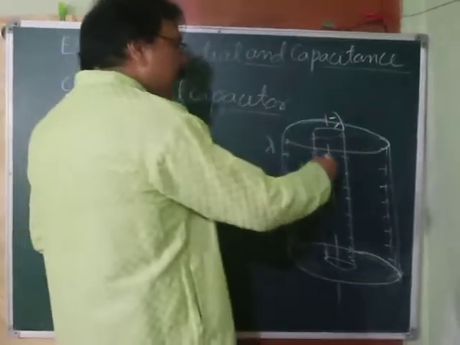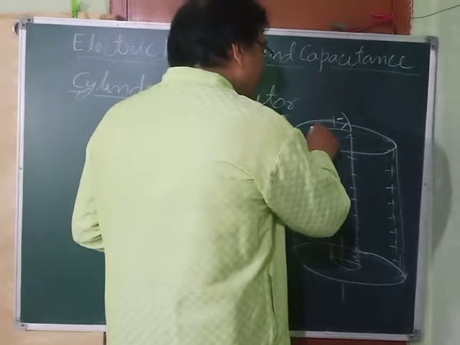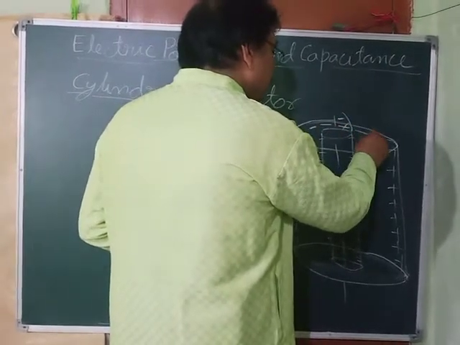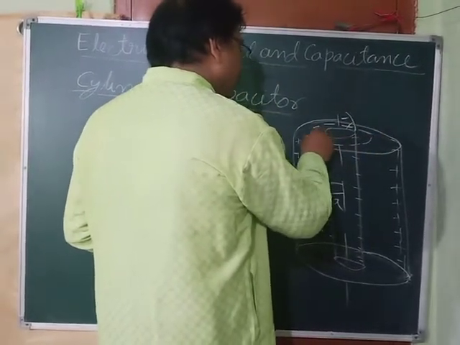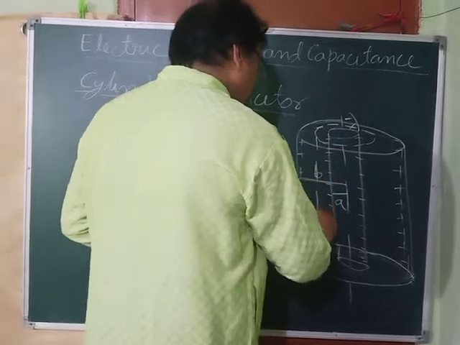Now if we want to apply Gauss's theorem, we have to draw a Gaussian surface. This is the Gaussian surface, which lies in between the two cylinders.